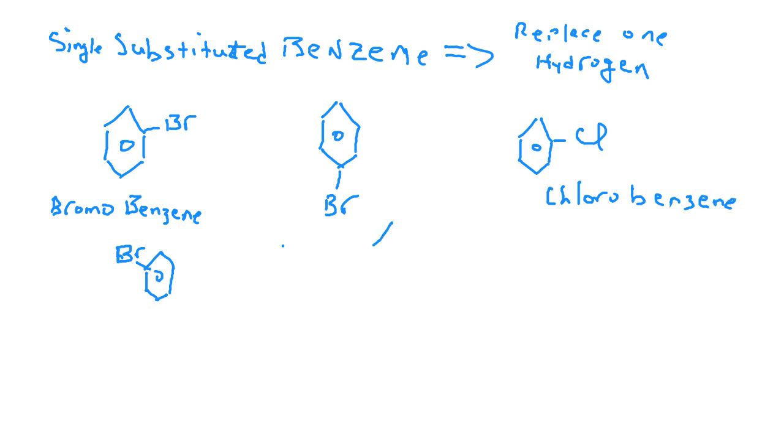What if I had, again, it doesn't matter where I put it if you have one substitution. Suppose I had C2H5. Well, this is ethyl, so this would be called ethylbenzene. Again, we're sticking with the single substituted now. Let's do a couple more single substituted. See, it's not bad at all.